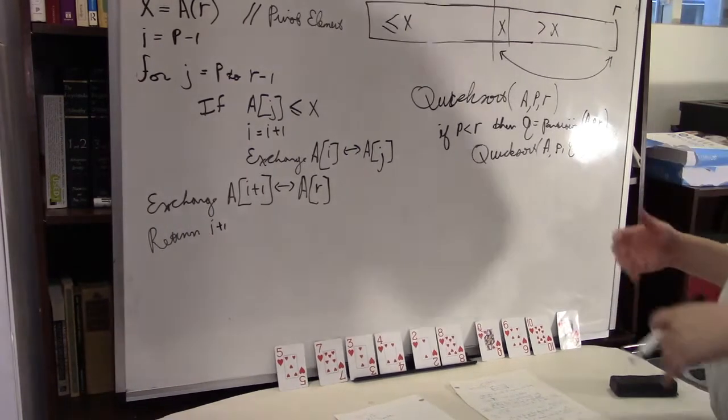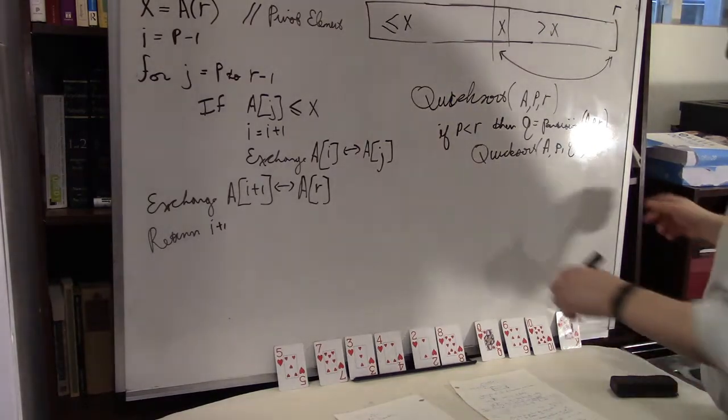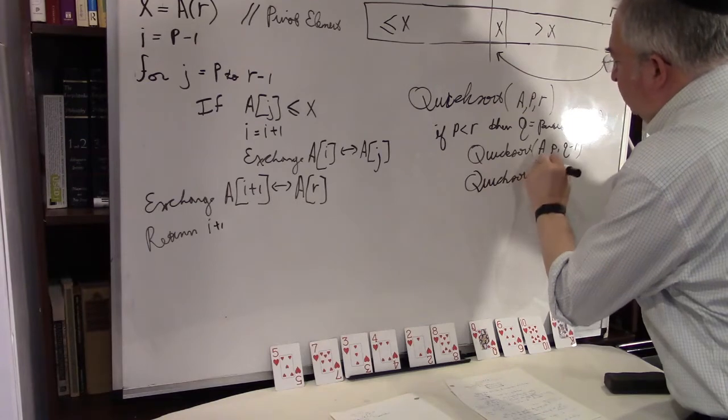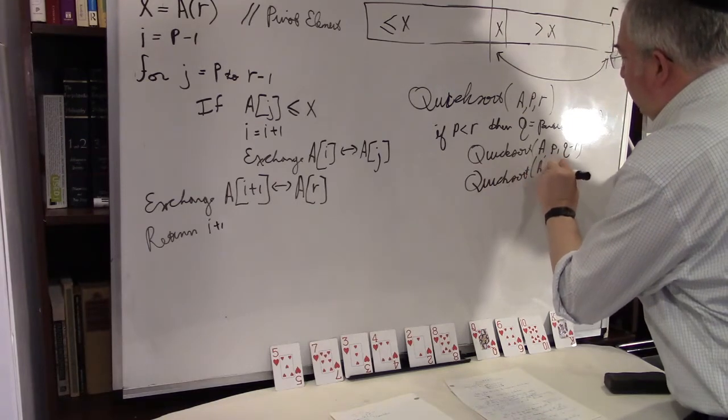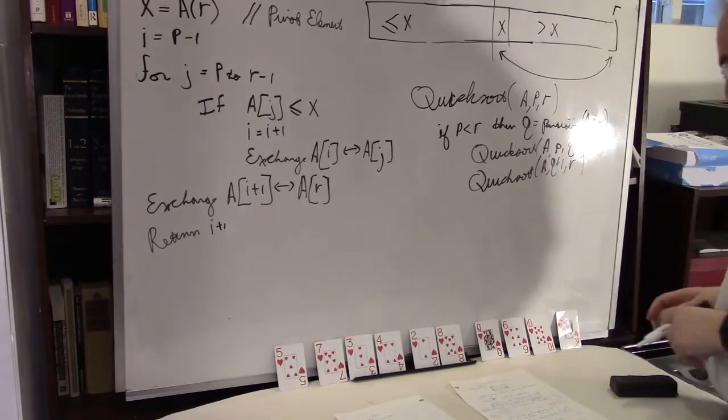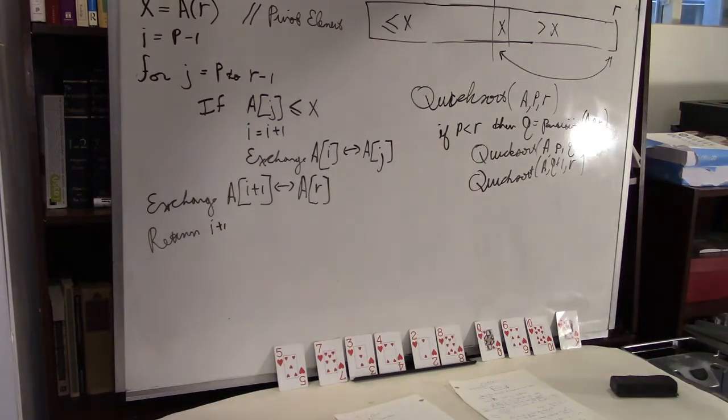There's no reason to partition the pivot, and then quicksort the other part, A, comma, Q plus 1, all the way till R. That's it.